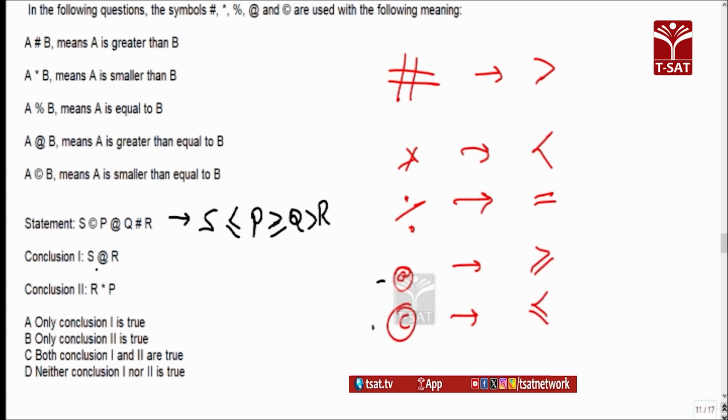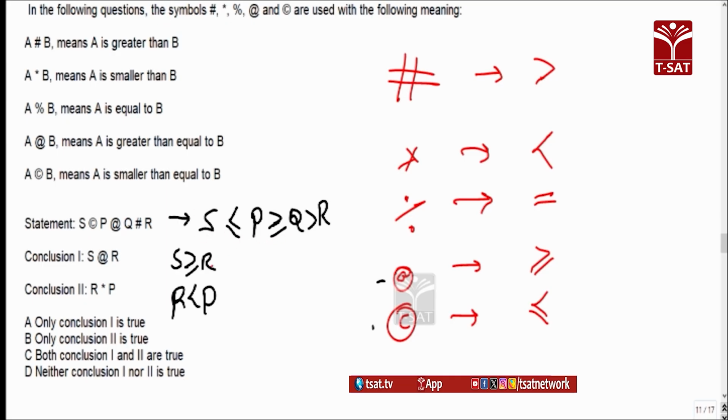Now see the conclusion. What is the conclusion? S at the rate R. So this particular conclusion is S is greater than or equal to R. And the second conclusion, R star P. R star P means R is less than P. Now after converting these statements and conclusions into greater than and less than form, see the conclusions.